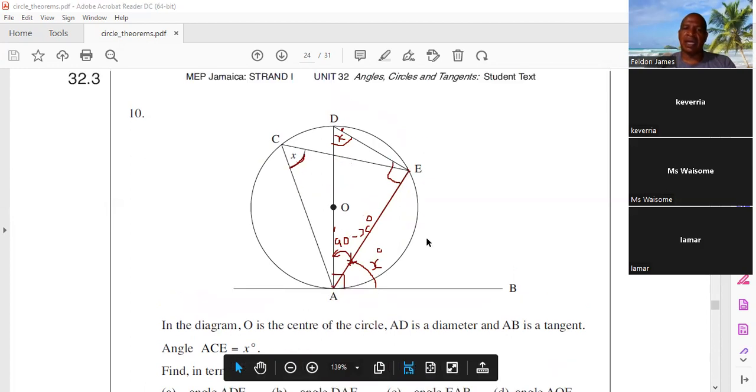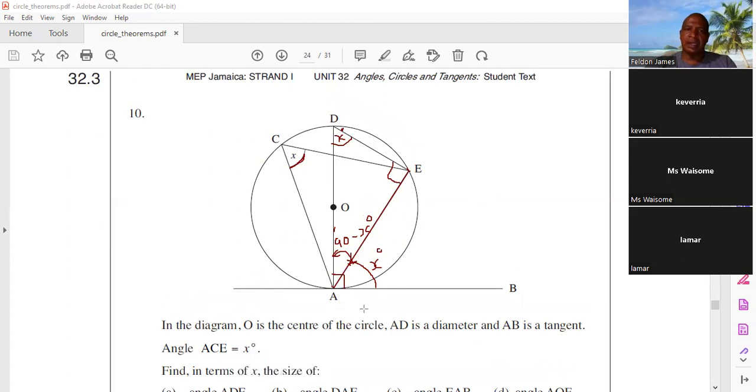And the angle AOE, what would that angle be? Let us draw the line that's necessary here. The angle AOB, that's what that one says. AOB or AOE. It was AOE, sir, I think. Yeah, AOE.